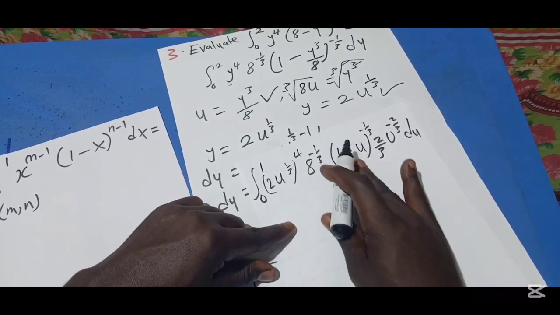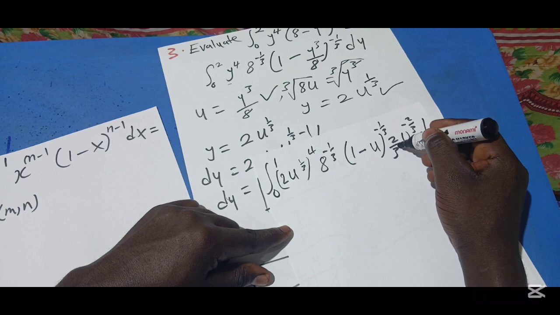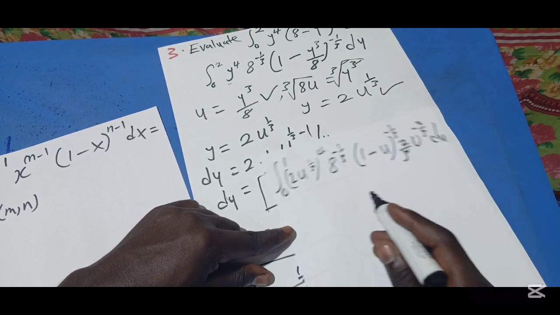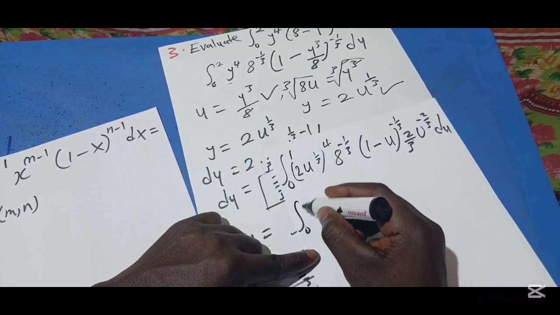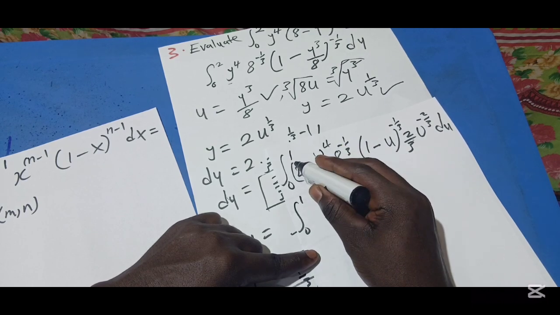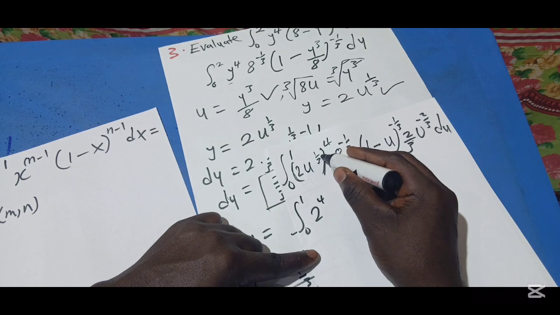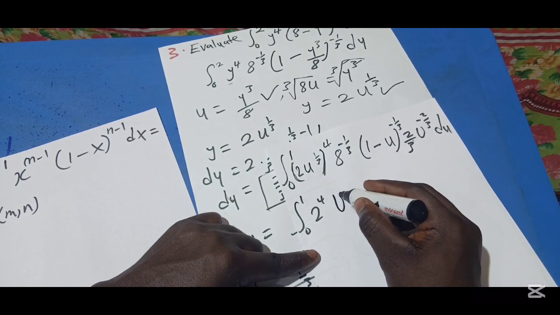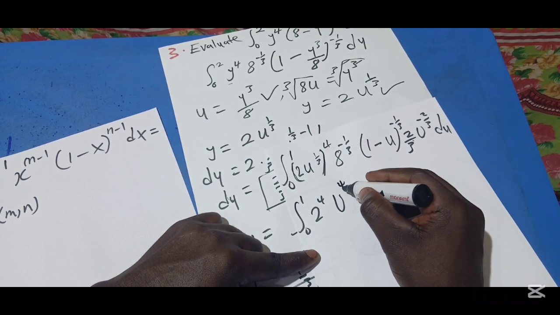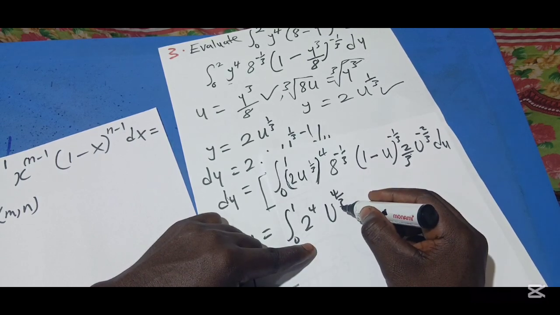So now we are going to simplify this. We have a constant here, this is actually a constant, and this is also a constant. So before that, integral from 0 to 1, 2 all to the power 4 will give us 2 to the power 4, and u raised to the power 1 on 3 by 4, which is simply u to the power 4 on 3.